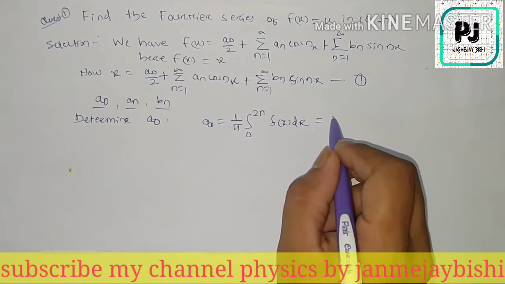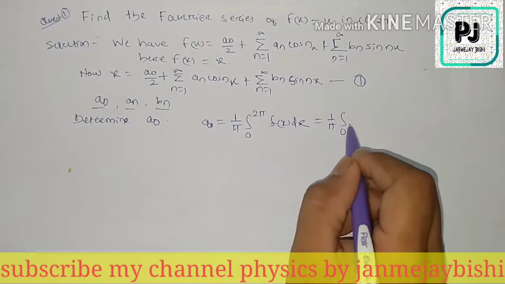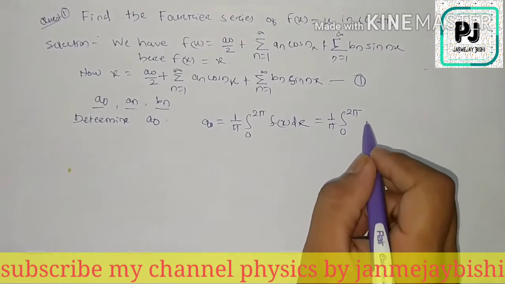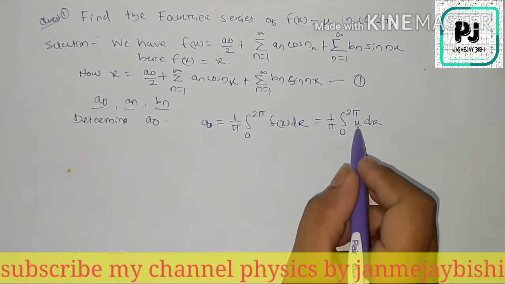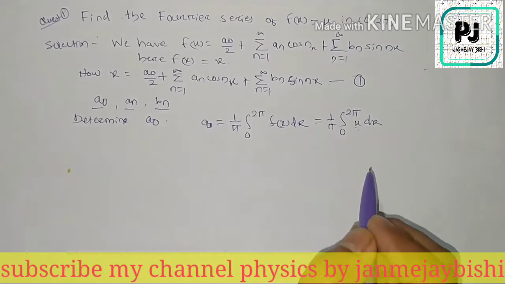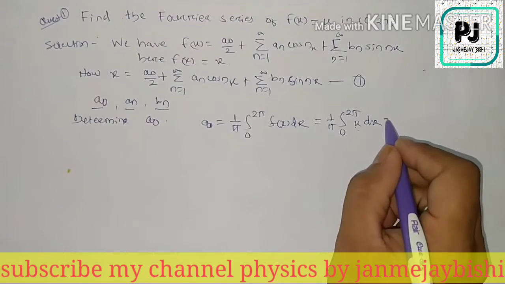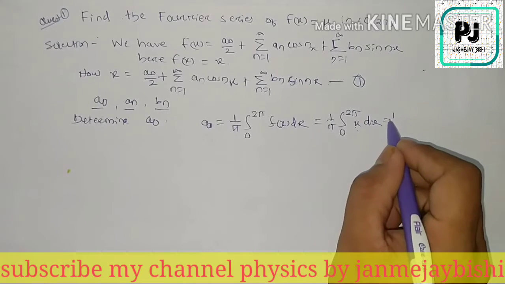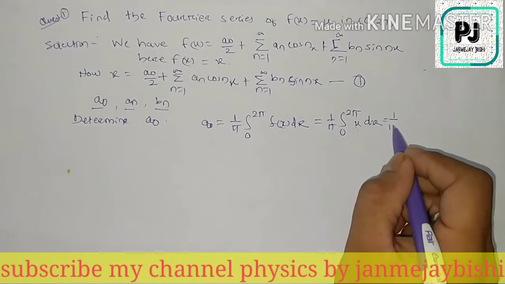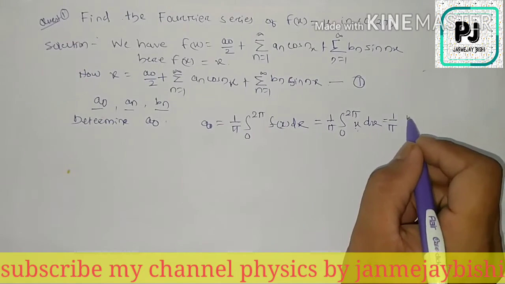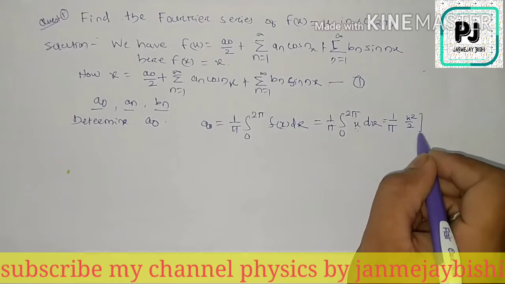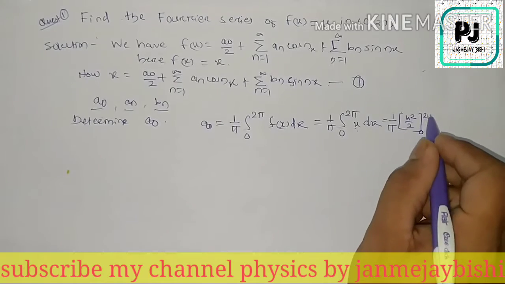So 1 by pi, 0 to 2 pi x dx. Now integration of x, that value will come, that is your 1 by pi x square by 2, and we have the definite integral 0 to 2 pi.